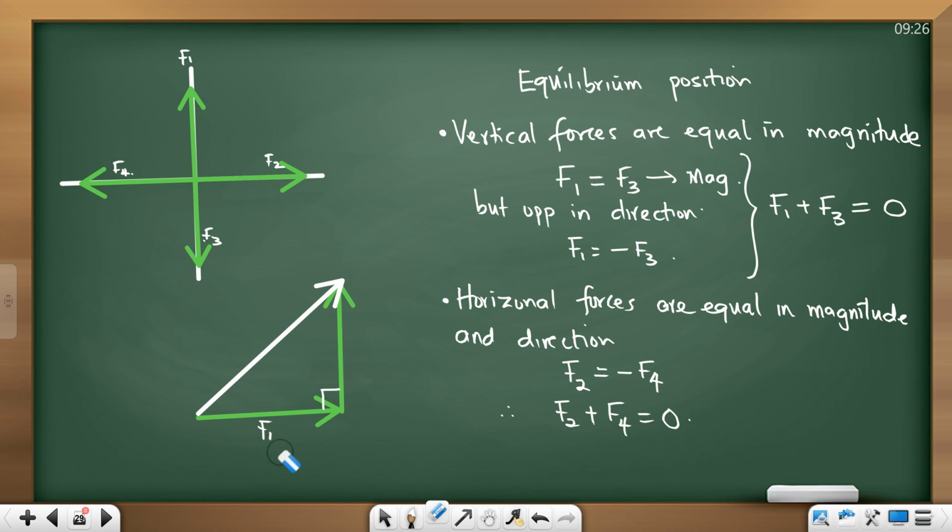What can I call this? Okay, Fx and Fy. And this is F what? Resultant. And that diagram is not new to us. Please, let's write that very fast.